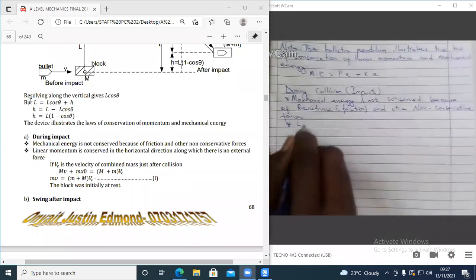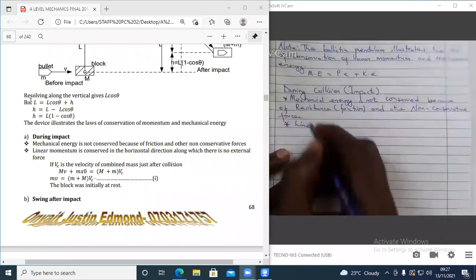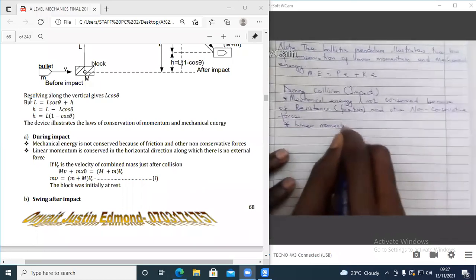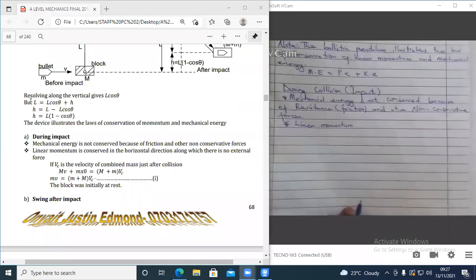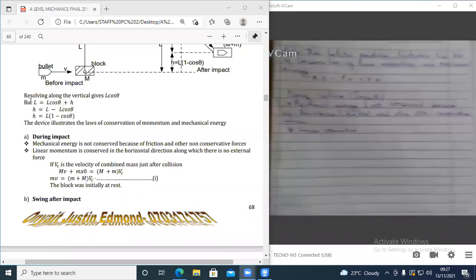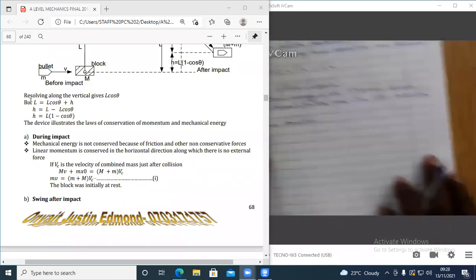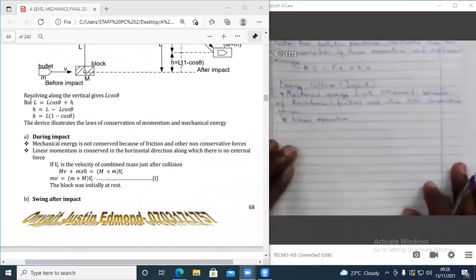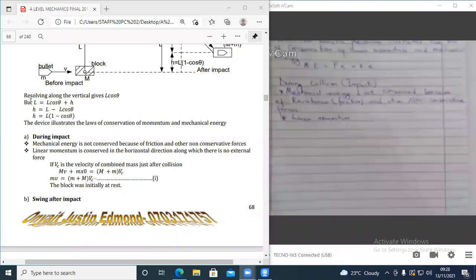Then linear momentum. Remember, my screen is not clear again.